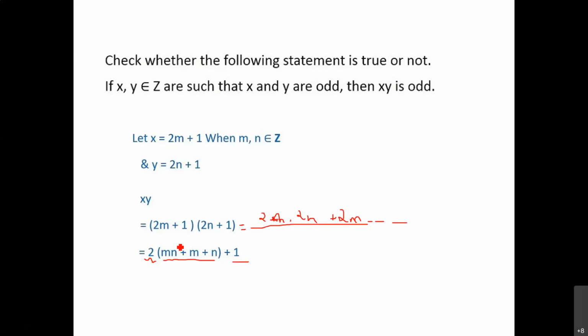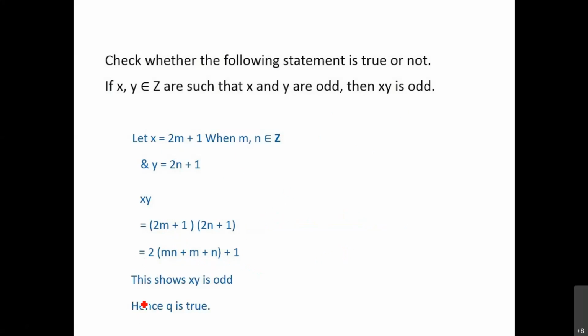And since m and n both belong to the integers, their multiplication belongs to the integers, and the sum of them will also be in the integers. That's why this is odd: you multiplied them and were able to reach the format that we know for odd. So all of this can be some variable s that belongs to Z. Hence Q is true. Any problem with that? This is a direct proof.